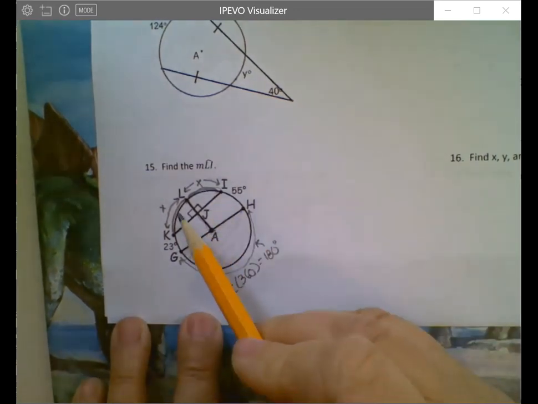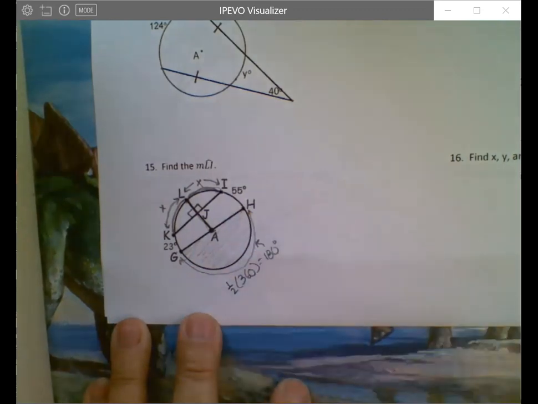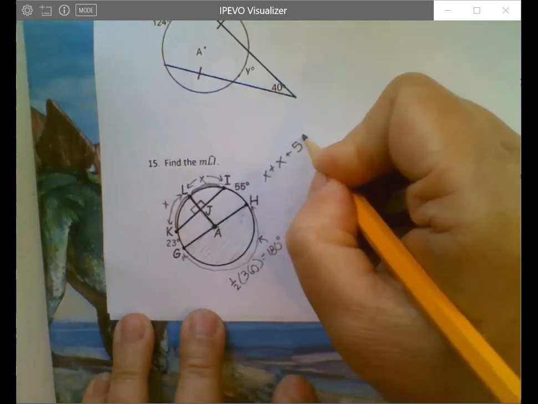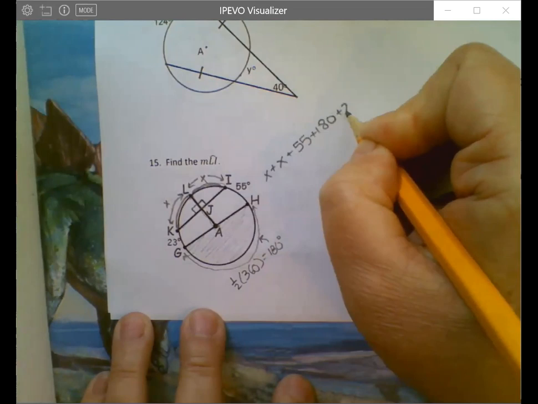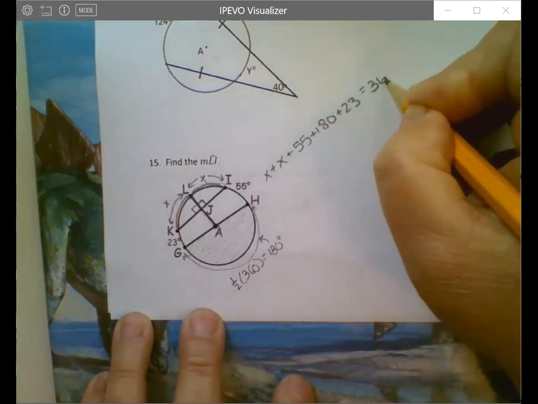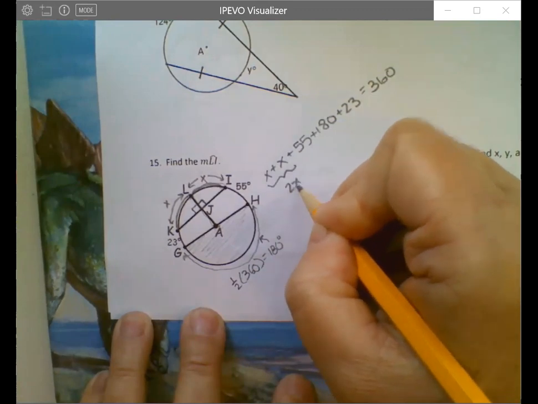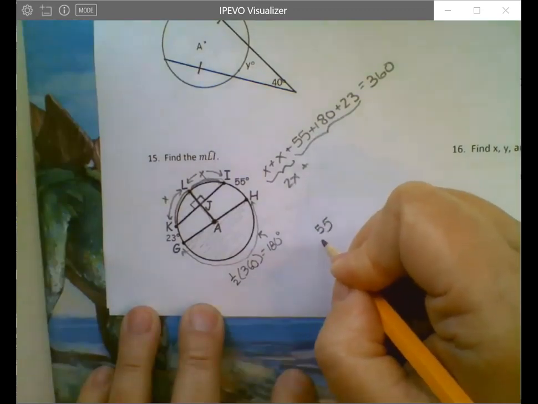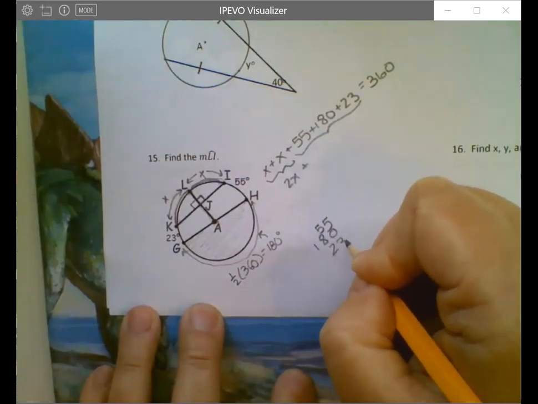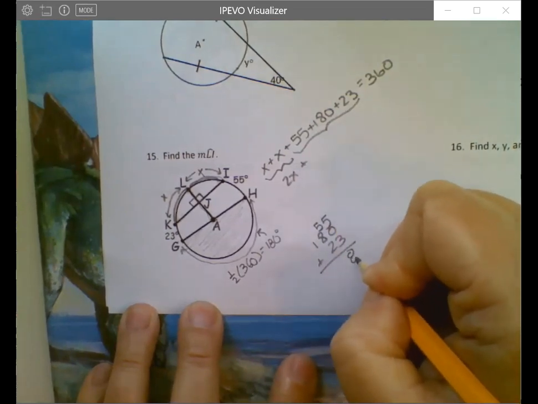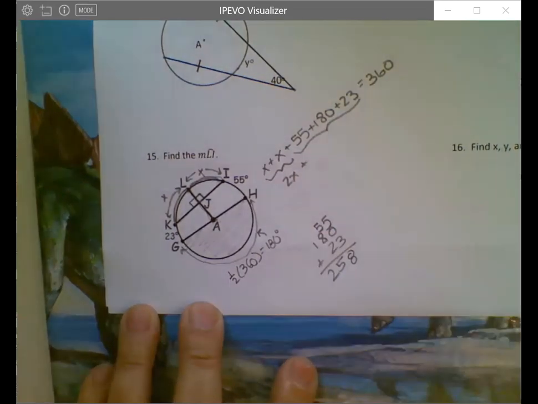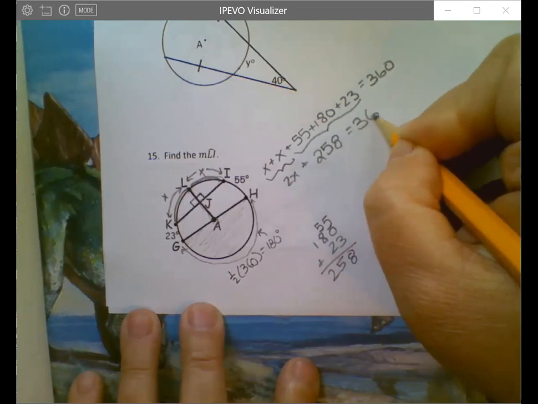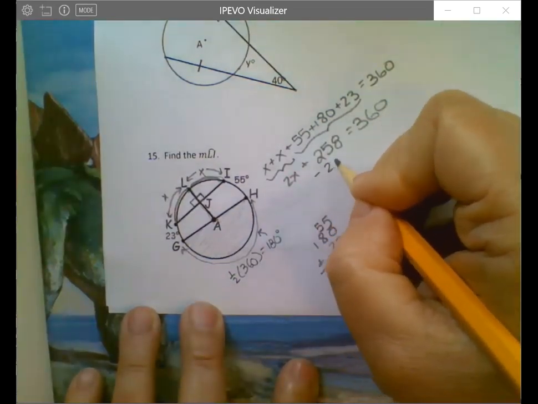So if I look at the whole circle, I have X plus 55 plus 180 plus 23. And that has to equal 360. This gives me 2x. I'm going to add up what I have. So 55, 180, and 23. If I add those up, that's 258. So 2x plus 258 equals 360. I need to subtract that 258.